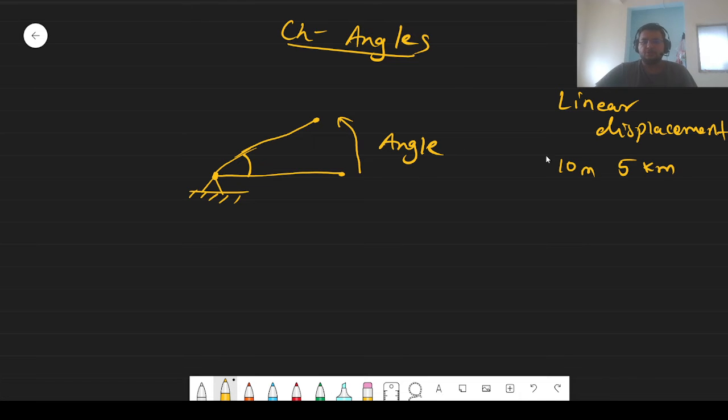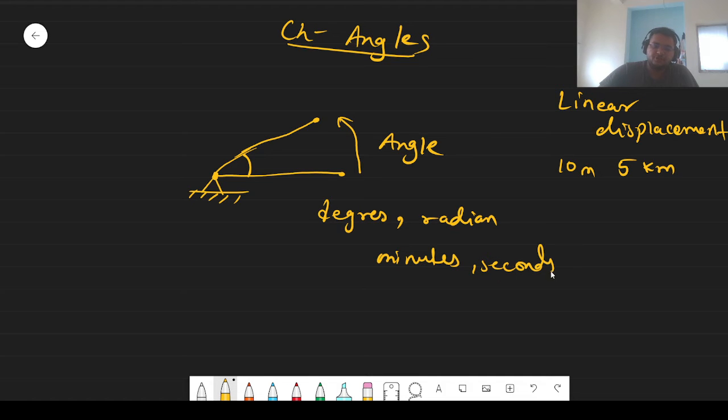So in angle, what we can say is that it is measured in degrees, then radians, then minutes, seconds, etc. Okay. So basically the change in rotation is measured with degrees, radians.